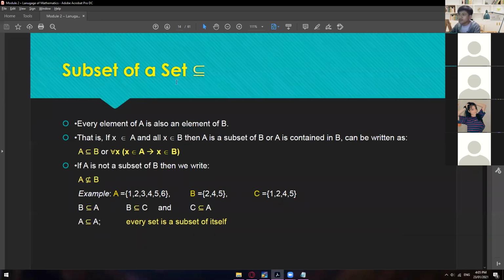It's good then? Next, we have here subset of set. Okay. So this is a symbol for subset. So when we say subset, it is any set that is under a set also. Okay. So that is why we call it subset.